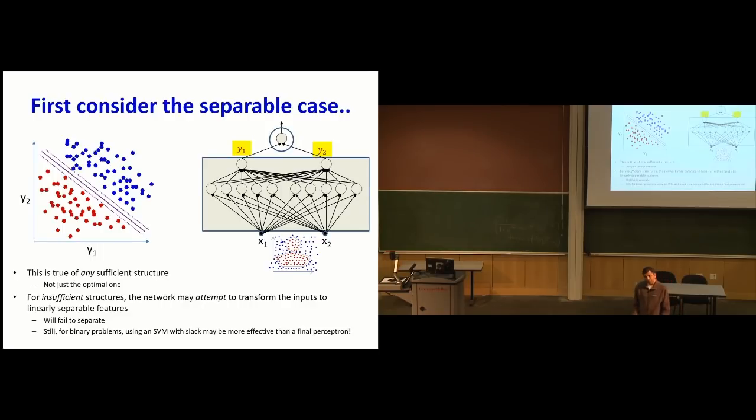If you're using a logistic, it's not going to be able to do a perfect job, but it is going to try to come up with a guess for the a posteriori probability of P of y equals 1 given x, right? So in other words, although this network cannot separate the features out into linearly separable groups, it is going to try to make them as linearly separable as possible.